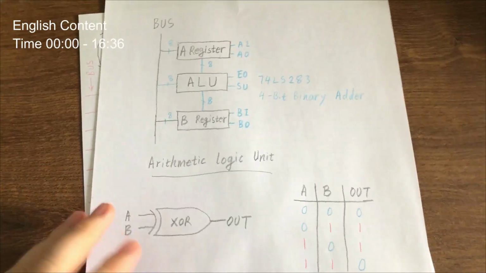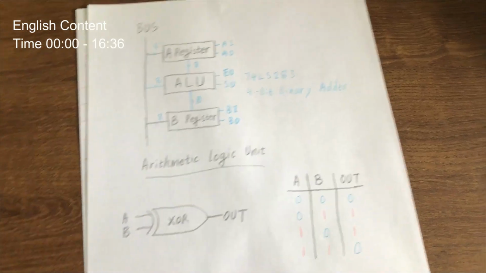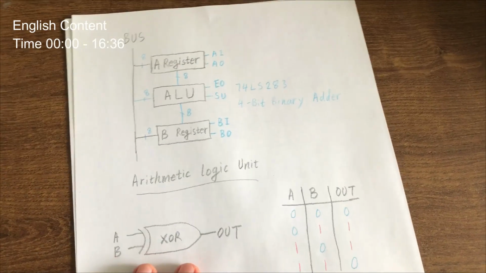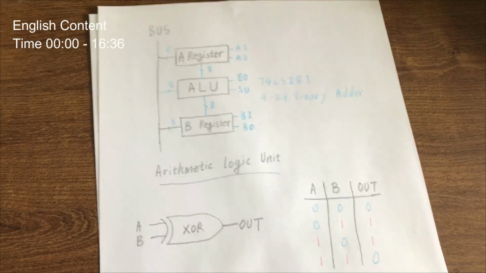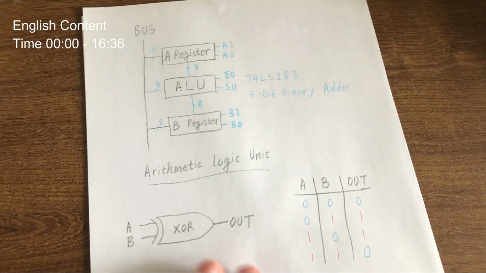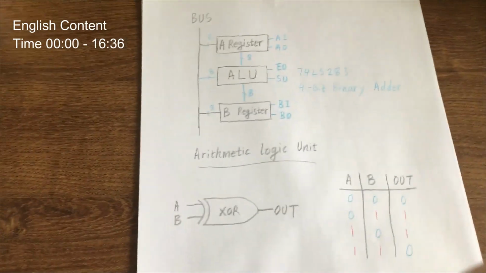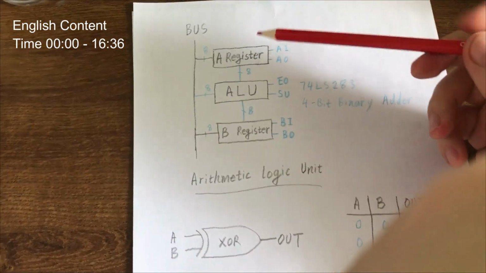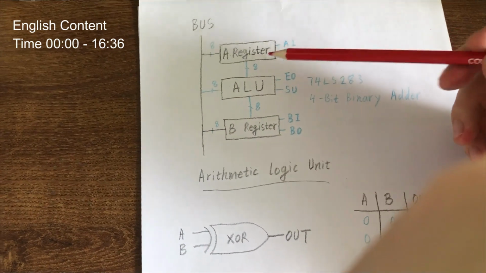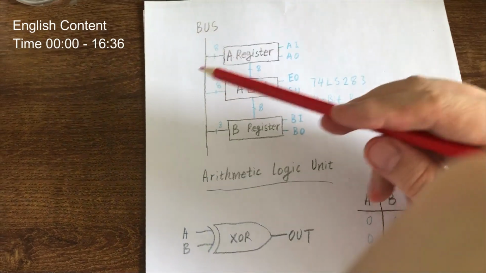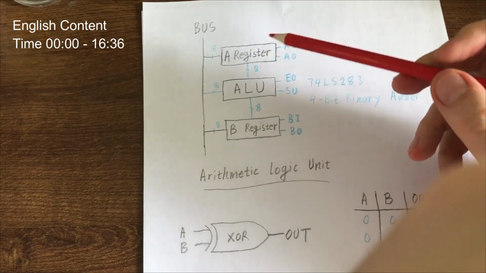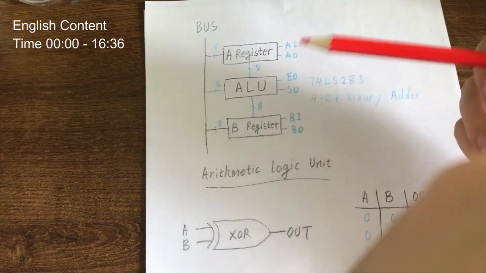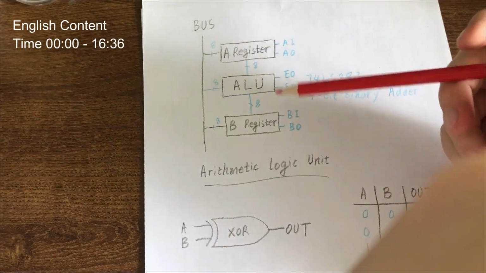Here we have this diagram of the functionality of an ALU, arithmetic logic unit. In the second episode, we built these registers. We built the A and B registers, a control register and a bus.